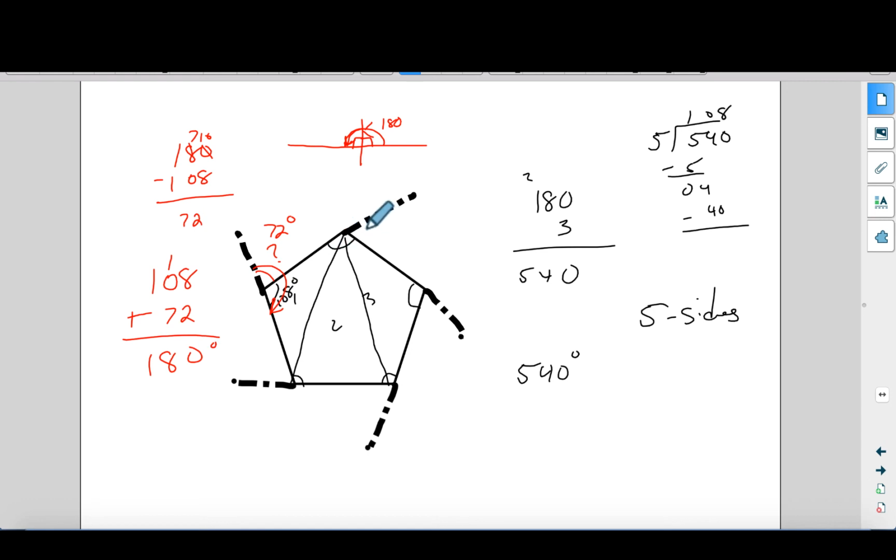So I know that every single one of these exterior angles is 72 degrees because every interior angle is 108. All we're dealing with is the exterior angle, the interior angle, and finding the opposite of that.